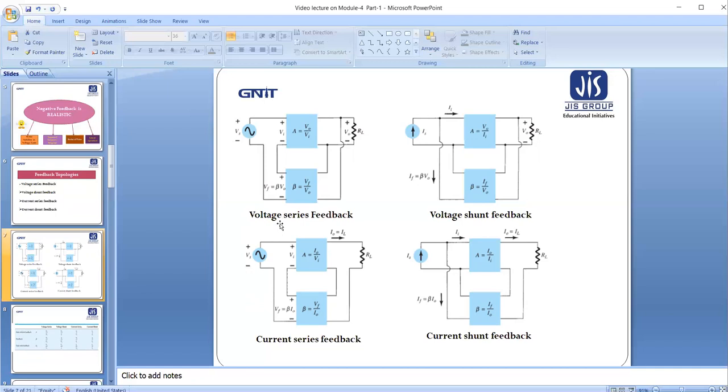The first term basically introduces the output signal. Which type of output is it, current or voltage? So voltage stands for the output, and the series stands for the comparator type, either a series comparator or a parallel one. So the series denotes the input side, the voltage denotes the output side.